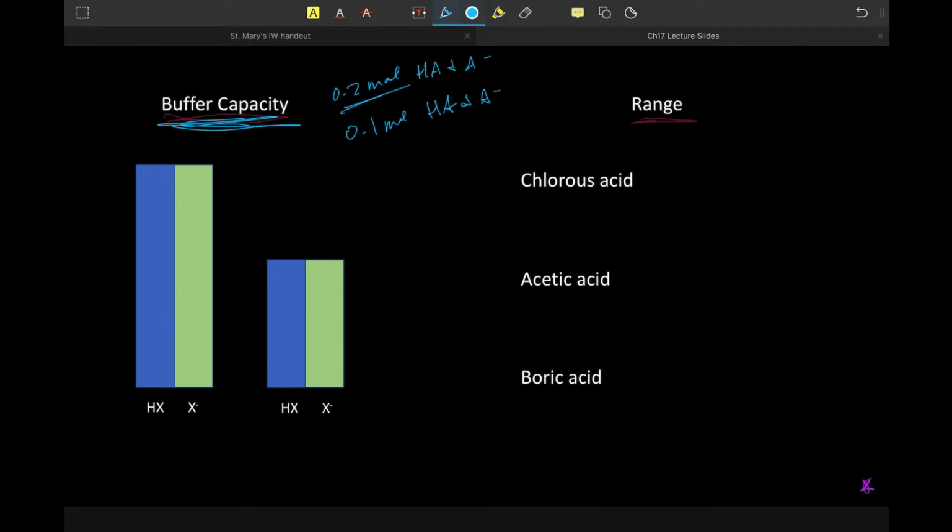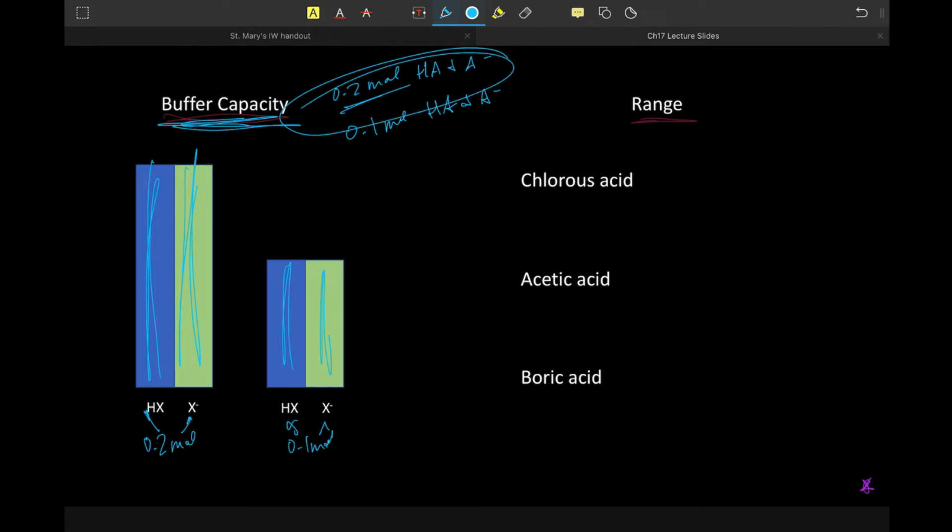Correct, this one, 0.2 moles here, and 0.1 moles here is a lesser capacity. This is basically the amount I have that can be used for neutralization. Higher buffer capacity has to do with the respective concentrations of HA and A minus in your solution.